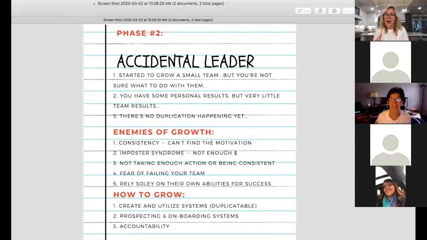He said a statement that always stuck with me: a leader attracts people, but a great leader attracts leaders. As I think about this accidental leader, you're starting to attract people.